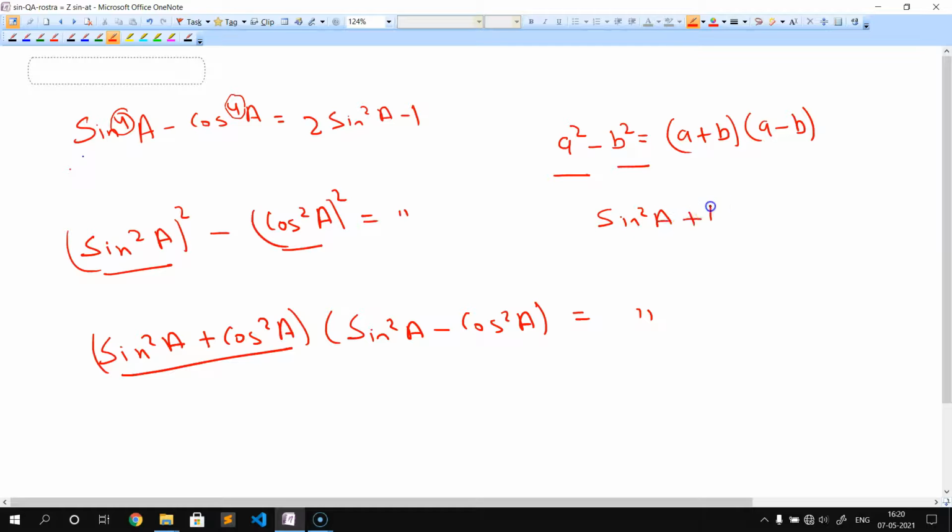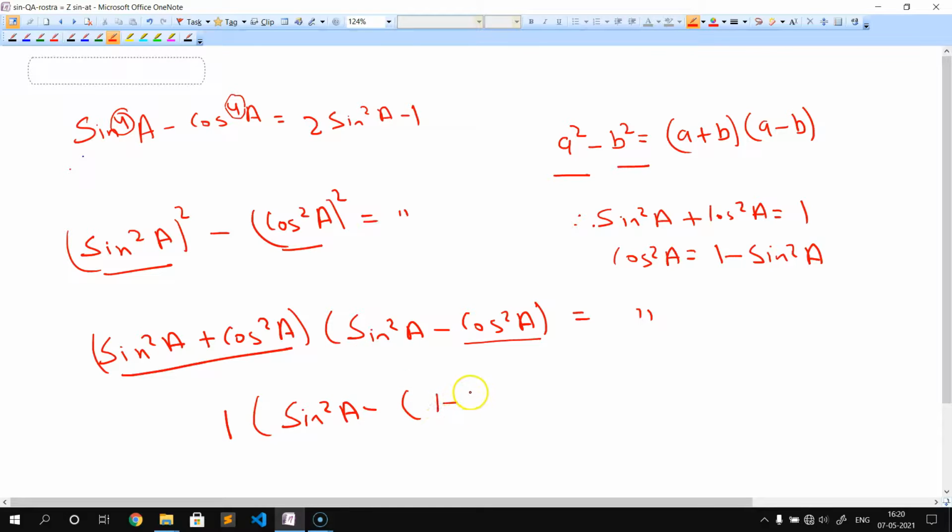Sine square A plus cos square A is equal to 1 from the formula. So it will become 1 into sine square A, and here cos is left and we have to convert it into sine. So cos square is equal to 1 minus sine square A. So minus bracket 1 minus sine square A.